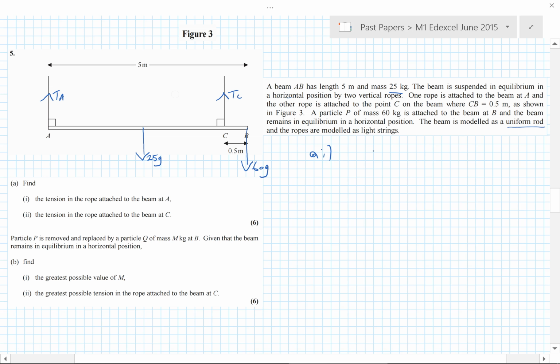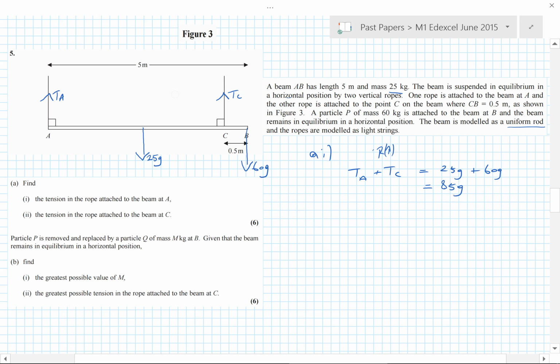I normally will resolve vertically because it's always an easy equation to get. It's very hard to get that wrong really, it's just forces up equal forces down. TA plus TC equals 25g plus 60g, so that equals 85g.